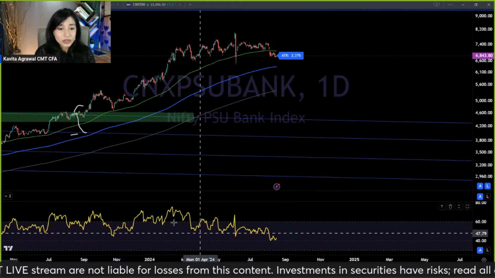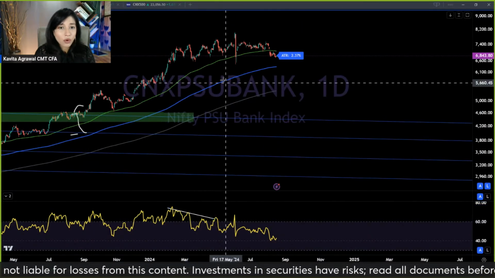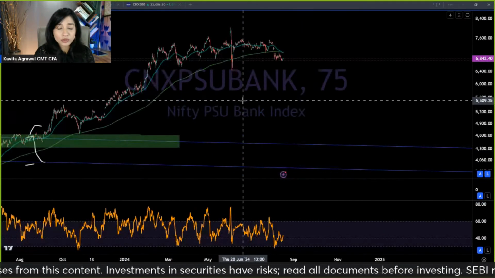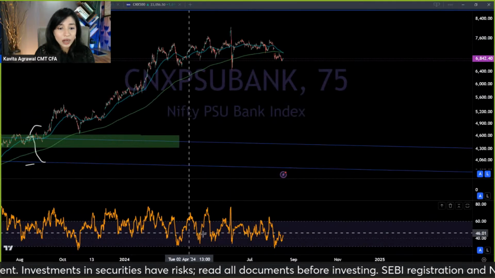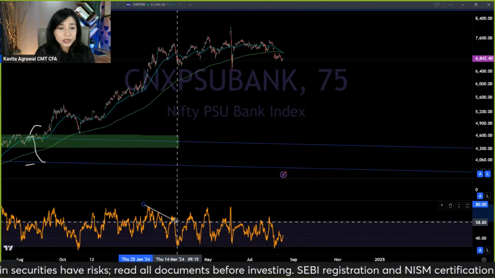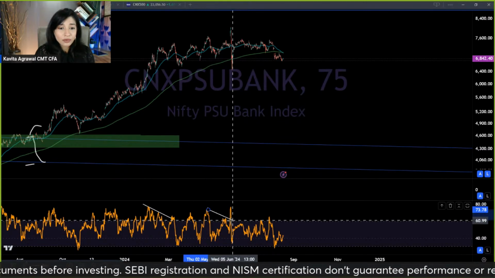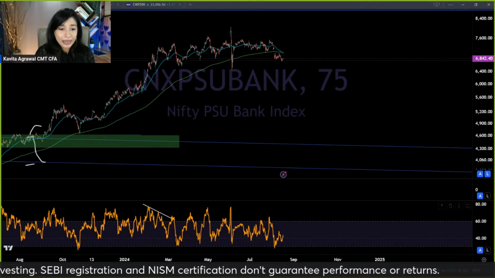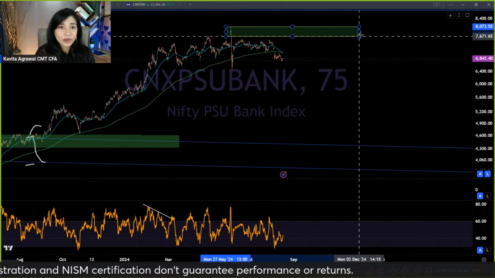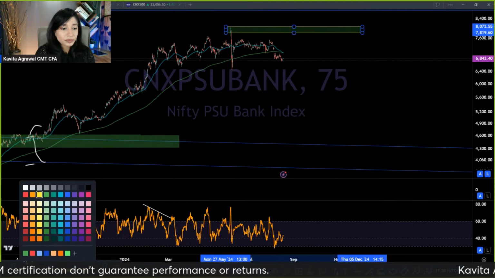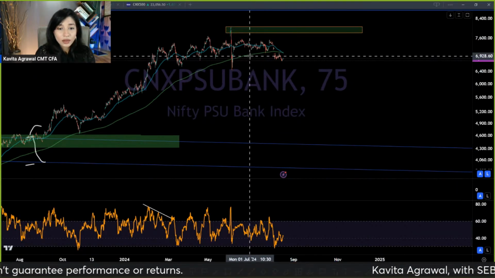So this PSU sector, I've already been warning you that making fresh positions is not a very, very good idea. Momentum slowdown, exhaustion has been very evident for a while now, and I think this sector kind of topped out here, right?